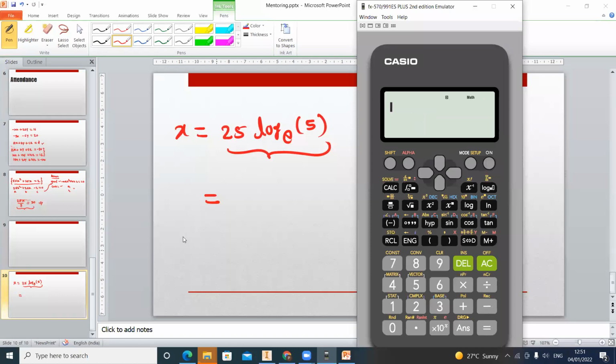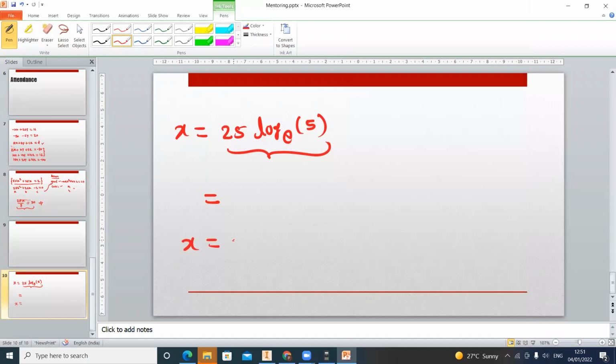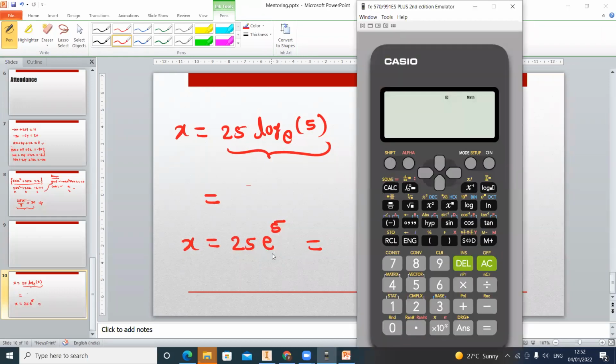Suppose you have some equation which is x is equal to 25 e to the power 5. For this equation, which is an exponential term, there is one button available, the same button, which is ln.